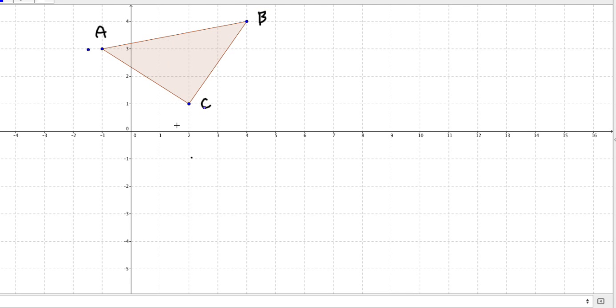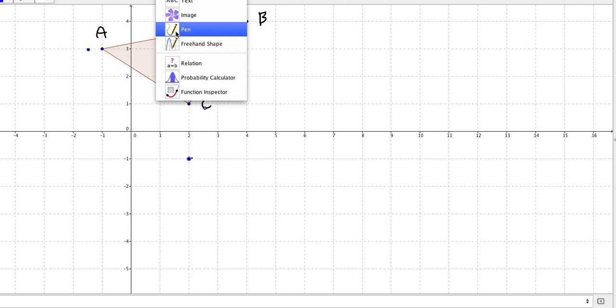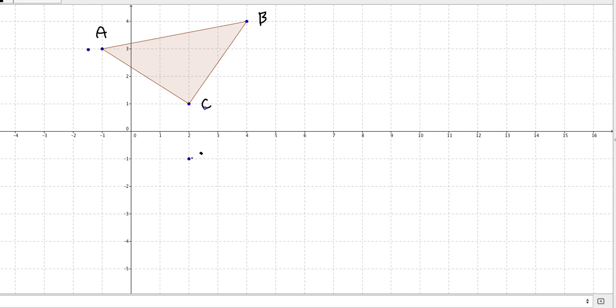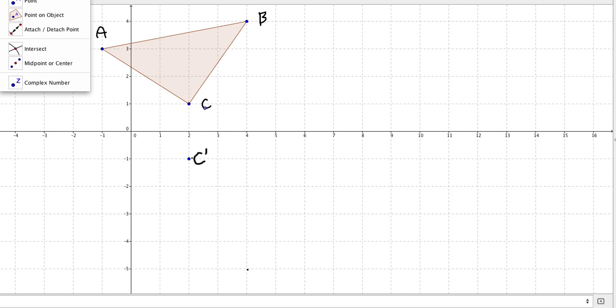So this becomes our C prime. And we know that B is 1, 2, 3, 4, 5 units away from the x-axis. So we count 5 units, 1, 2, 3, 4, 5. So this should be our B prime. Make that point.